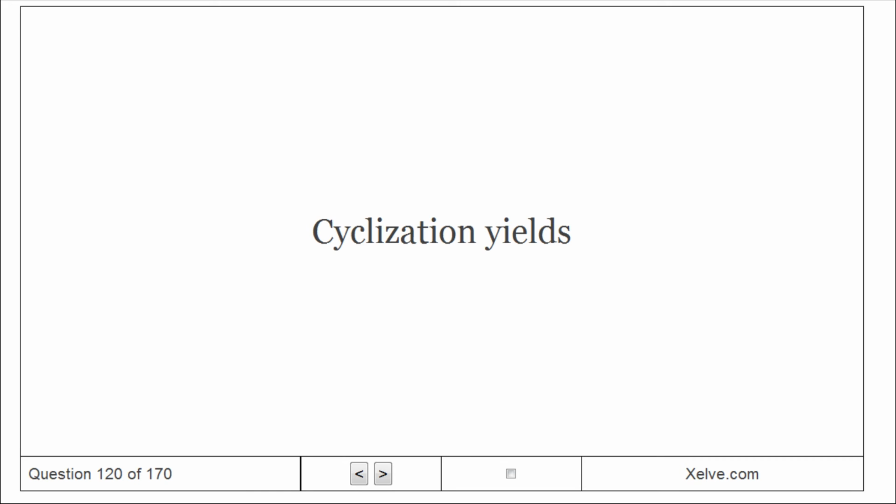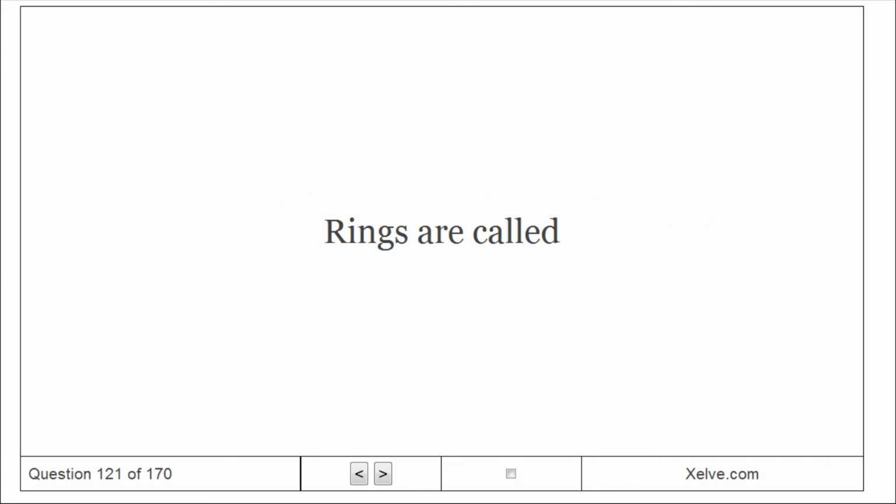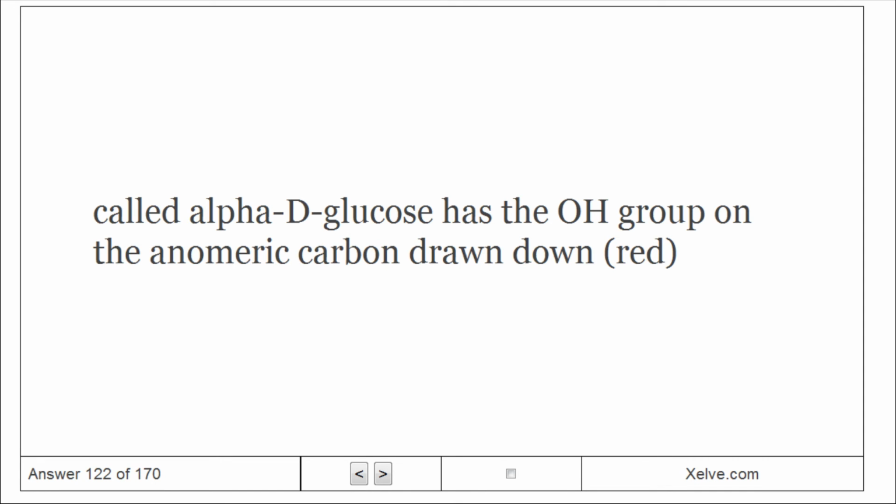Cyclization yields 2 isomers. Rings are called Haworth projections. The alpha anomer, called alpha-D-glucose, has the OH group on the anomeric carbon drawn down.